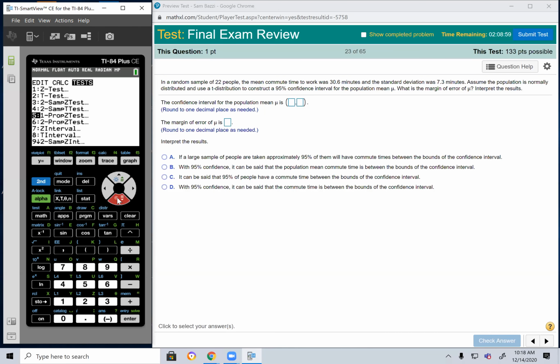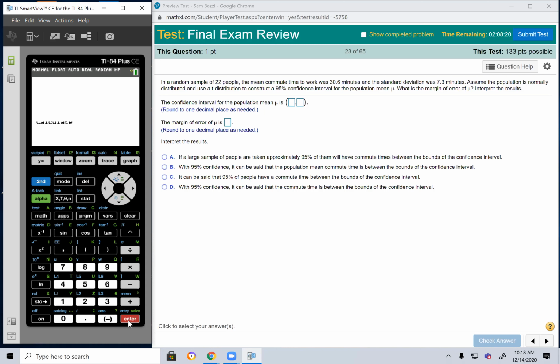So here it is, T interval, x bar 30.6, s 7.3, n is 22. The reason he told you that the population is normally distributed is that the sample size is less than 30. If the sample size is less than 30, in order to perform Z or T, you need the population to be bell-shaped. And what does he want? 95.